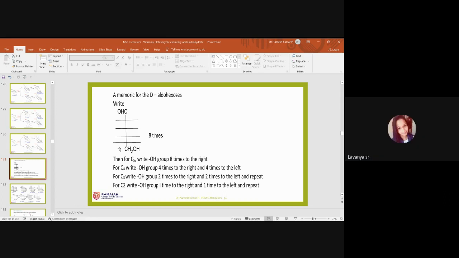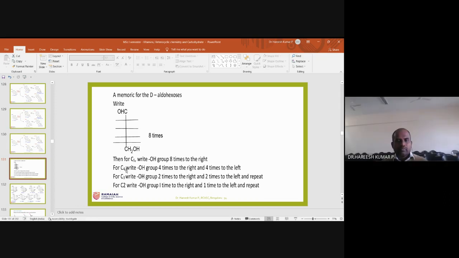Find out the fifth carbon atom, write the OH to your right hand side, 8 times you write. Yes, sir. And then find out the fourth carbon atom. Fourth carbon atom means you start the numbering from the aldehyde. That is, aldehyde is 1, next is second, next is third, and next is fourth.